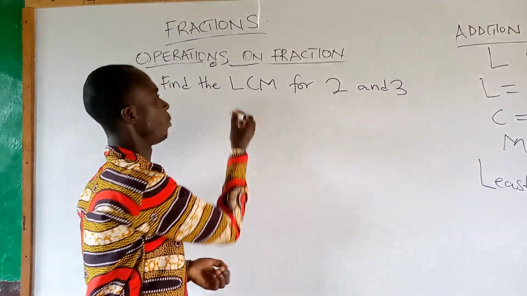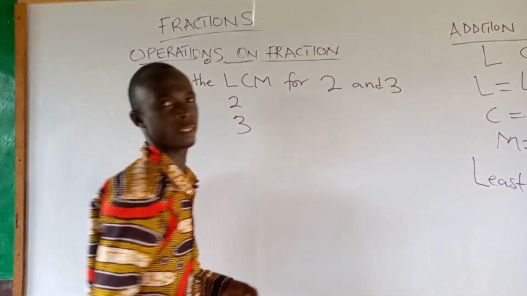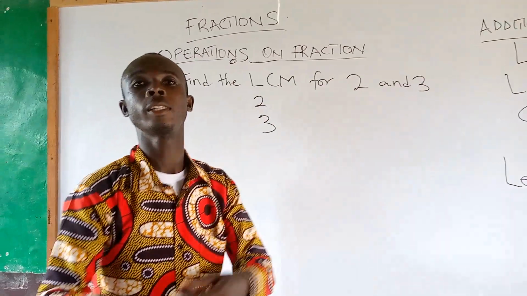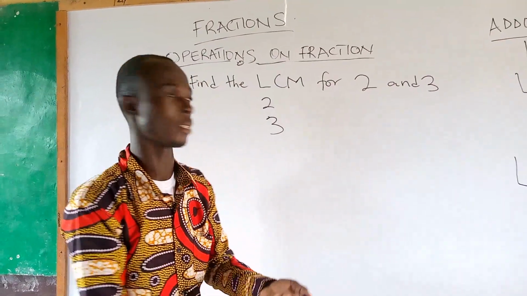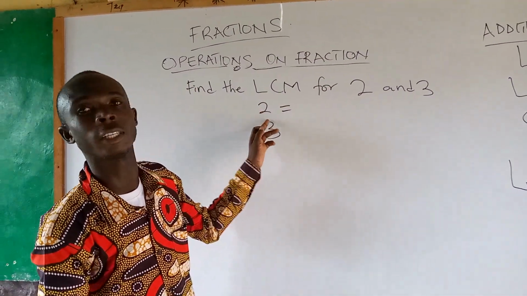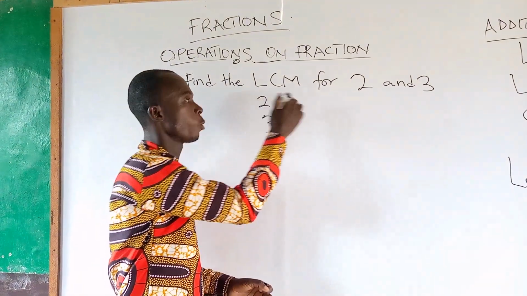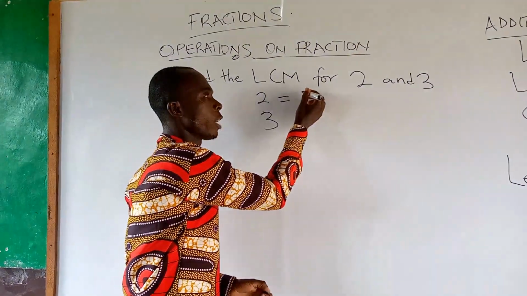The first step is to find the multiples for these numbers. And always, if I ask you to find the multiple of a number, it starts from that same number. So this one will start from 2.